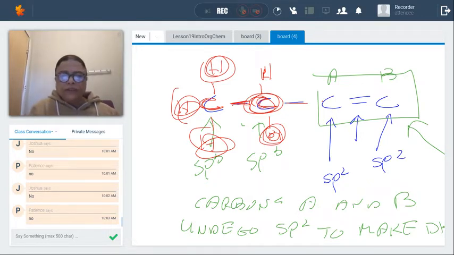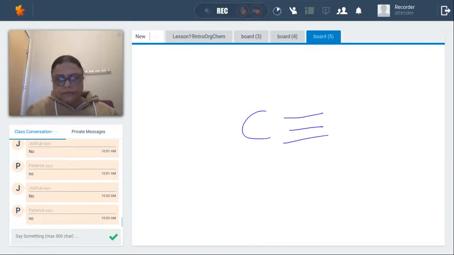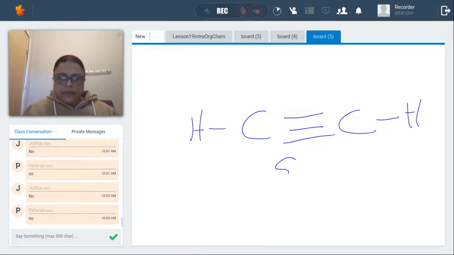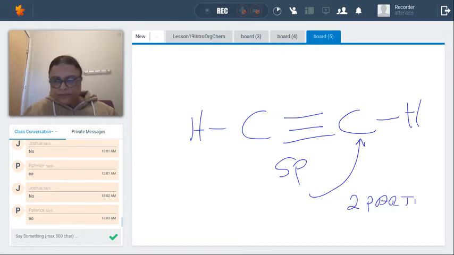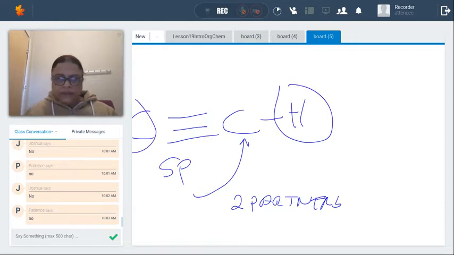Okay, let's look at triple bond now. sp. This carbon, 2 partners: hydrogen, and this one. So this is an sp carbon.